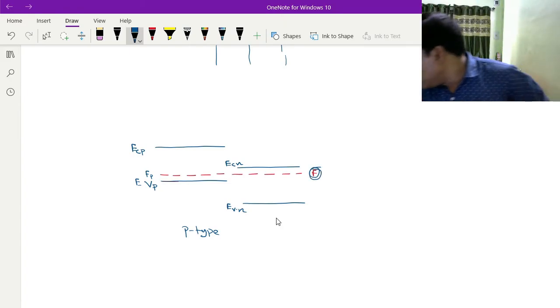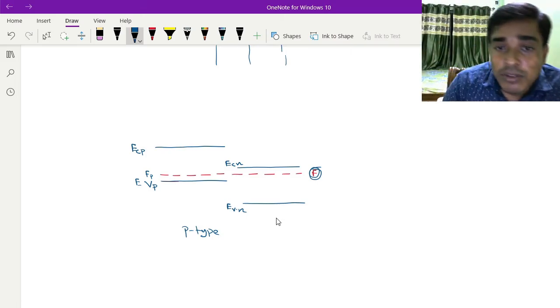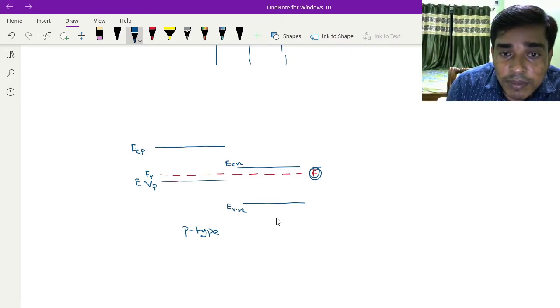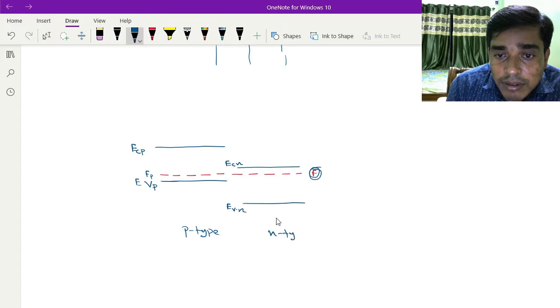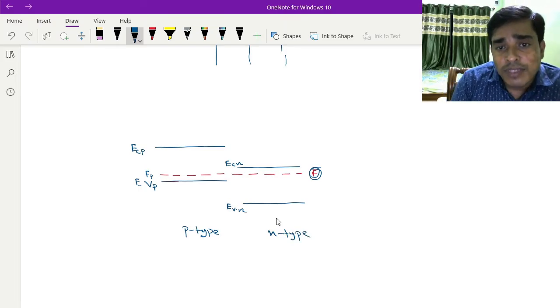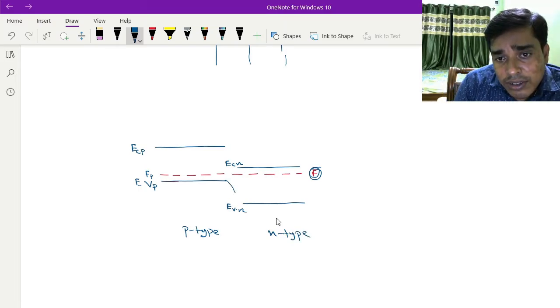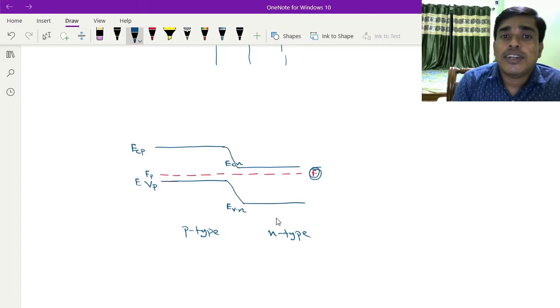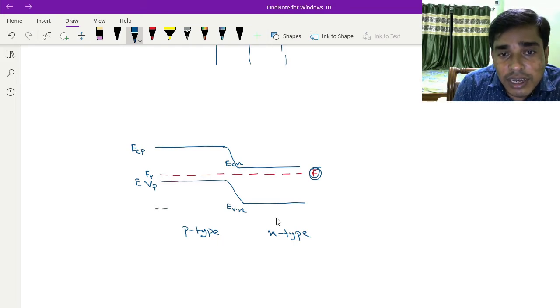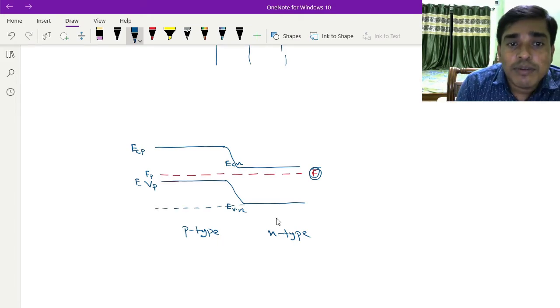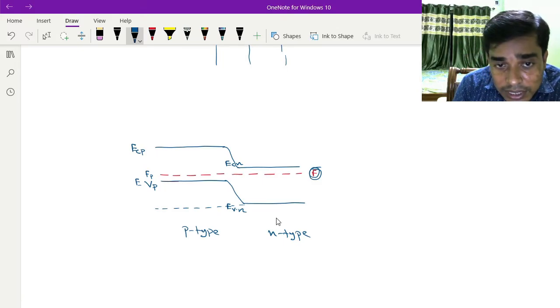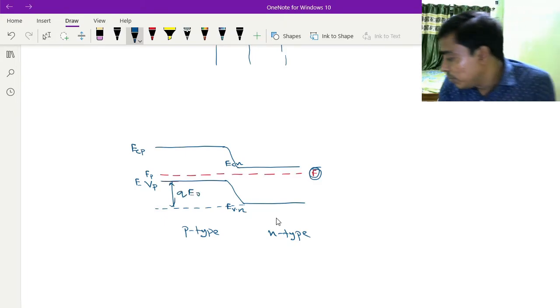This is the Fermi energy level. So this is p-type and this is n-type. Here you see, the junction will be in this way. So if I draw at this point, this variation is q into V0.